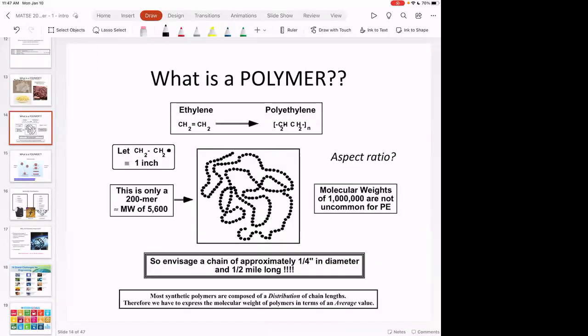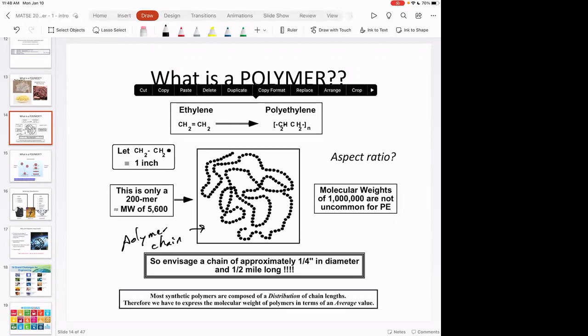If we want to think about a polymer from an organic chemistry point of view, or at least a chain point of view, this is a chain. We can conceptualize this as a polyethylene chain. Sorry, this is a ridiculous chemical structure. I don't know why it keeps showing up poorly.